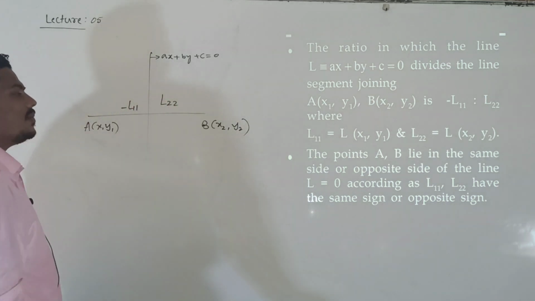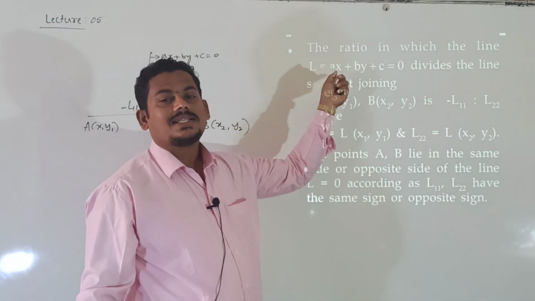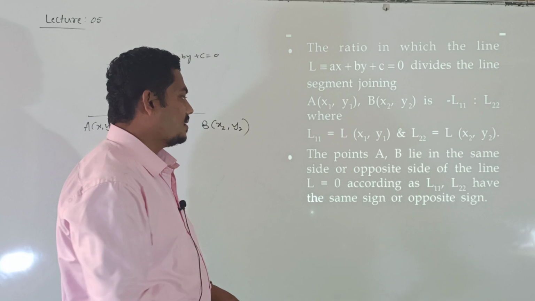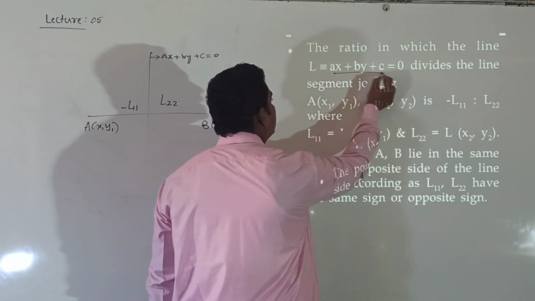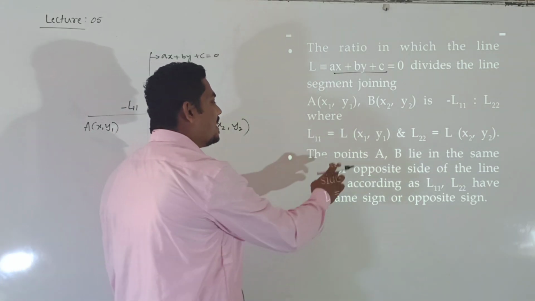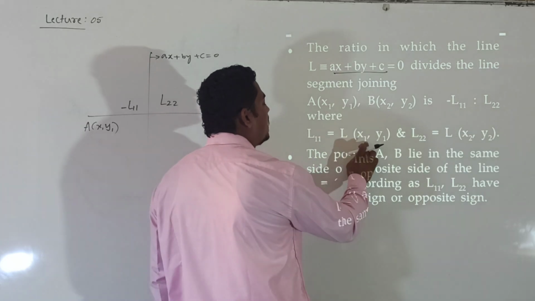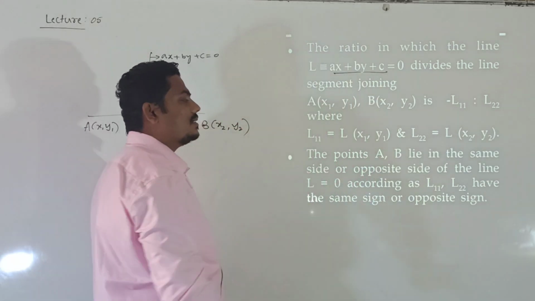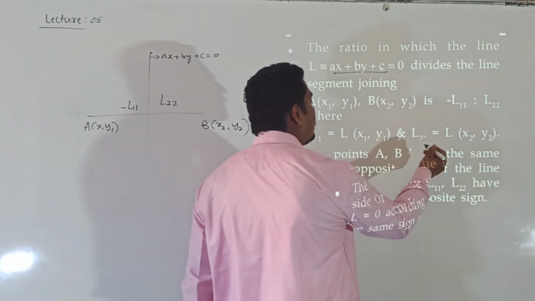What is L11? If you put x1, y1 in the given line, then it is the L11 notation. L22 means put the second point x2, y2 in the given line.